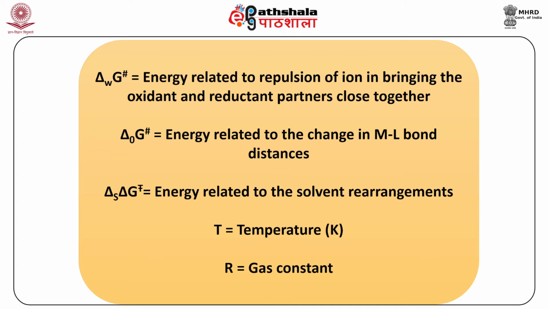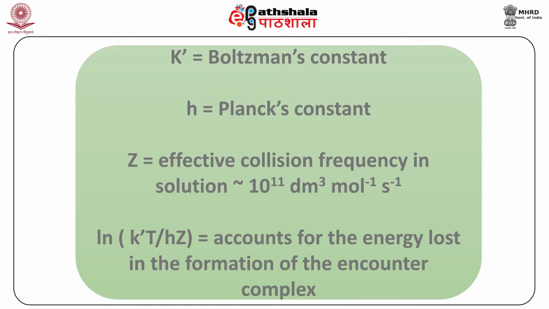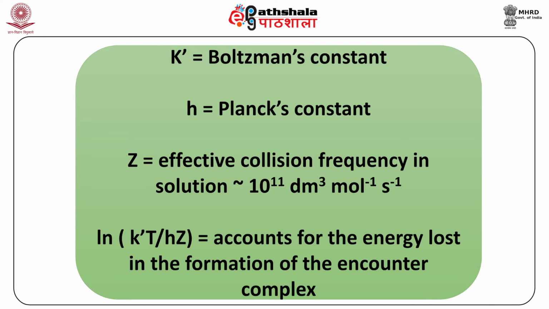T is the temperature in Kelvin, R is the gas constant, k is the well known Boltzmann constant, h is Planck's constant, and Z is the effective collision frequency in solution, having a value of around 10 to the power 11 dm3 mol-1 s-1. The term ln kT/hZ accounts for the energy lost in the formation of the encounter complex.